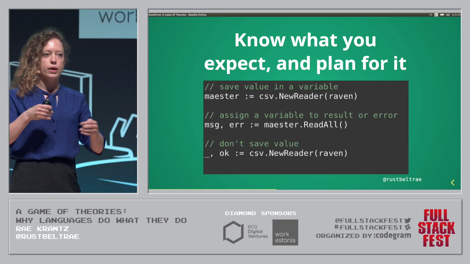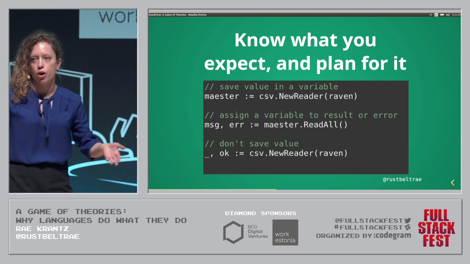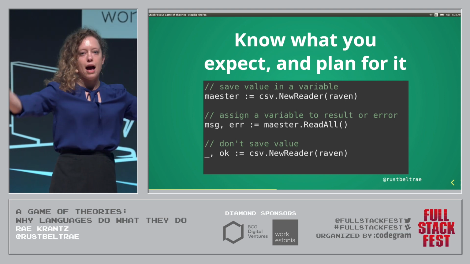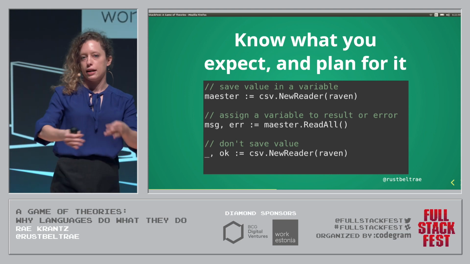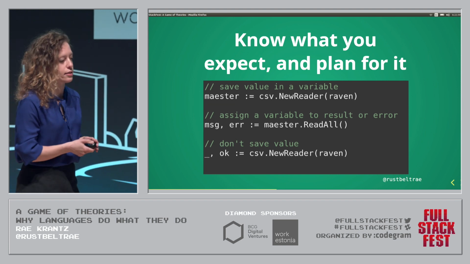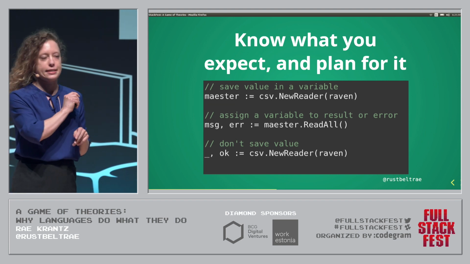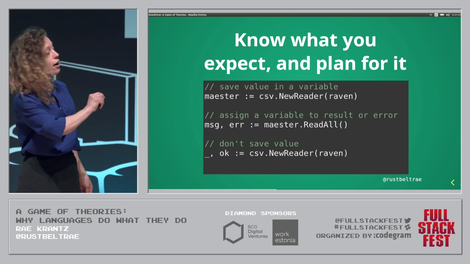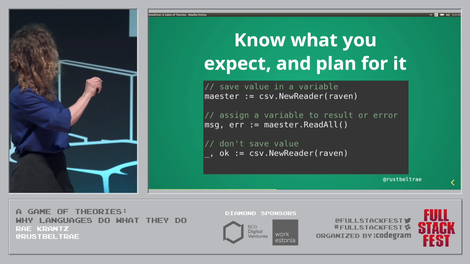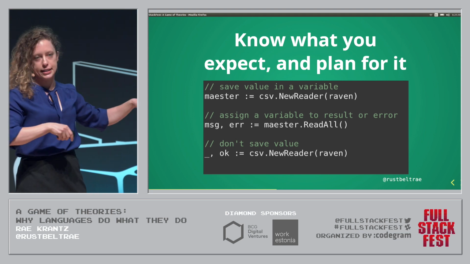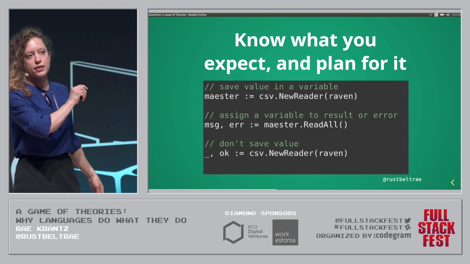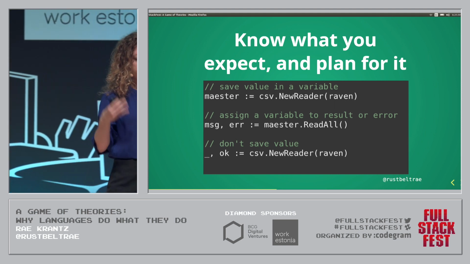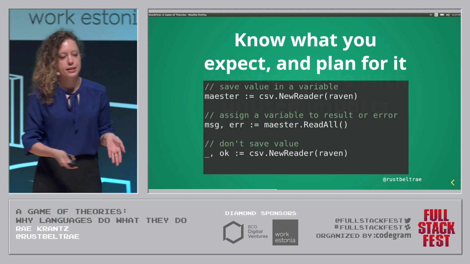This helps avoid some of the extra code around, like a begin statement in Ruby or something where you have to have this framework around possibly getting an error, those try statements and things. This is a bit more concise. And then down here, we actually don't care what value we get back. You can say, hey, whatever value I get back, throw it away, it doesn't matter. I only care if it succeeds. If it succeeds, we're good. And so Go allows you to know what you expect and plan for it.